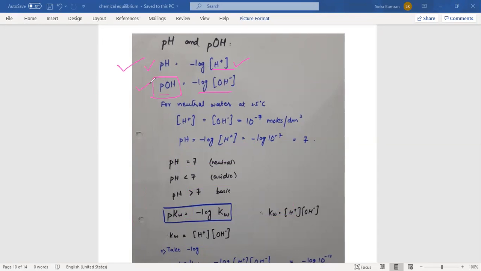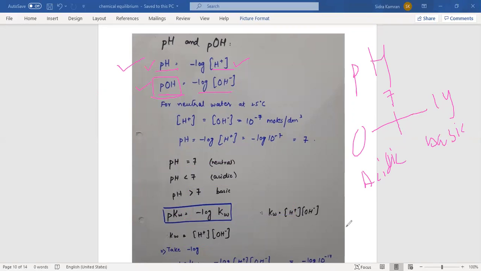Acids also have a pOH and bases also have a pH. These are the scales to calculate. The pH scale is from 0 to 14. At 7 pH, the solution is neutral. Below 7, the solution is acidic, and above 7, the solution is basic.